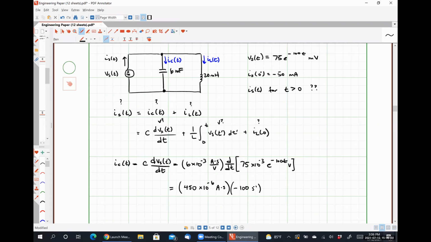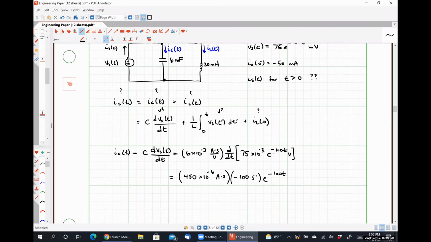We talked about why in our last class, I believe, with one of the example problems, but essentially we want the argument of the exponent to be unitless. So if time is measured in seconds, then that 100 has to have units of per second. All right, so then we're going to have e to the minus 100t. We've taken care of our volts.